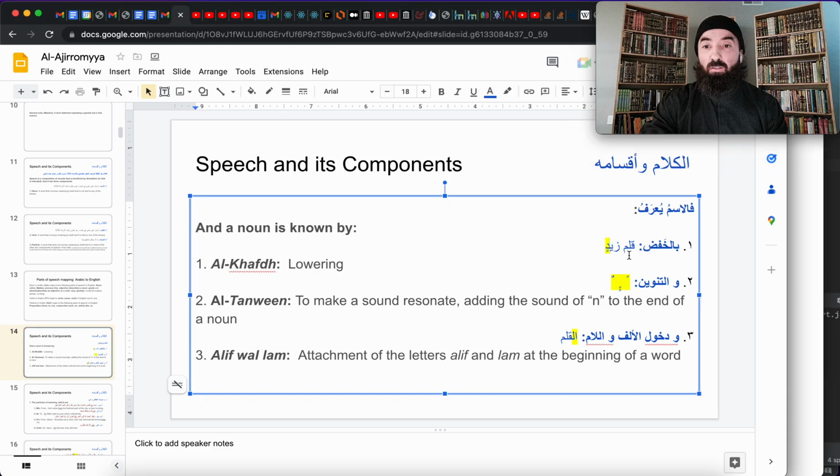If you pay attention here, the diacritical mark is at the bottom of the dal, at the bottom of the last letter, right? And obviously, something that is assumed here is that everyone knows how to read and write Arabic alphabets.